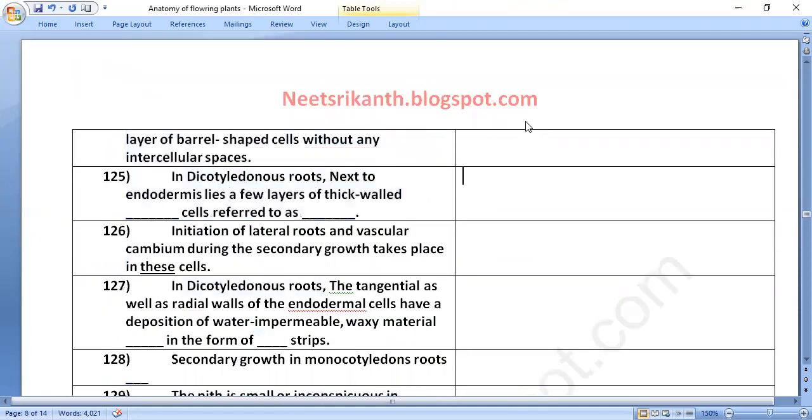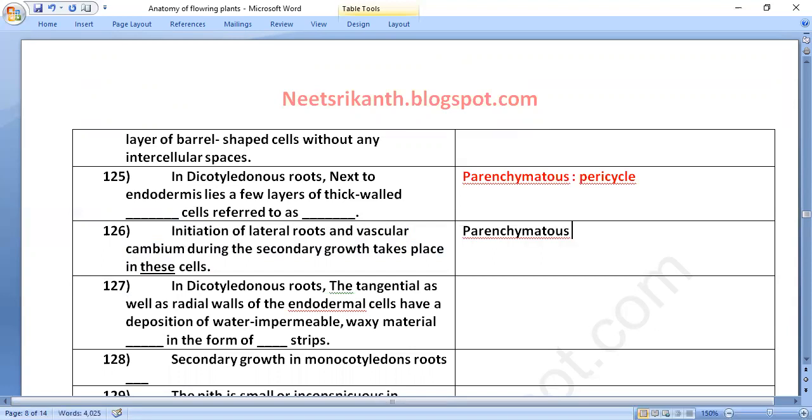In dicotyledonous roots, next to the endodermis lie a few layers of thick-walled parenchymatous cells referred to as pericycle. Initiation of lateral roots and vascular cambium during secondary growth takes place in these cells.